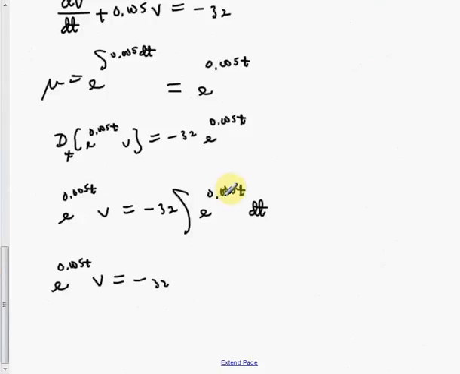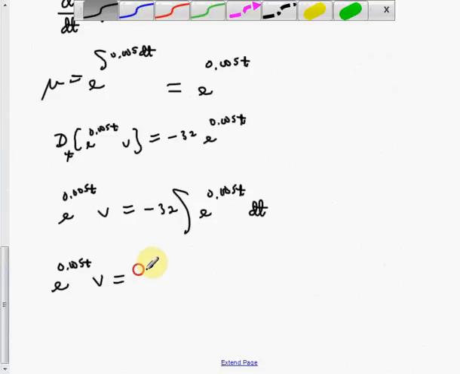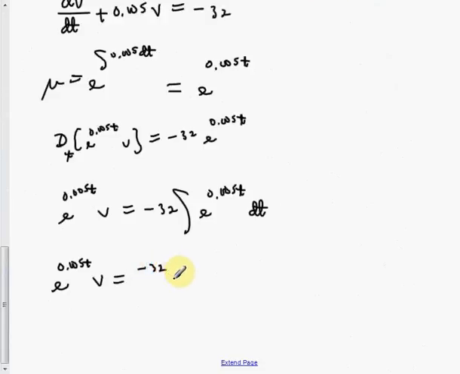Here we integrate this, use the u du, so this becomes negative 32 over 0.005 times e to the 0.005t plus some constant.